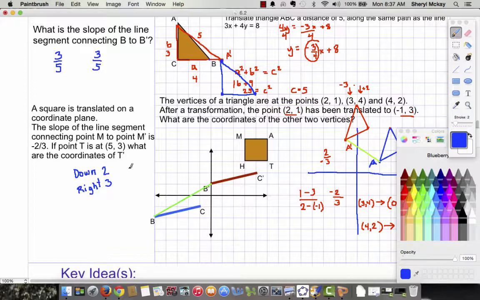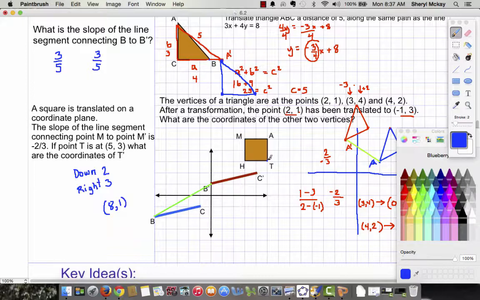So if that's the case, then all you have to do is take point T, which is (5, 3), and we're going to go down 2 from 3, and we're going to go to the right 3 from 5. So 5 plus 3 would be 8, and 3 minus 2, because that's a -2, is 1. So our new point for T would be (8, 1).